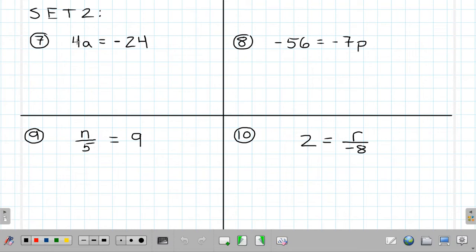So number 7, we have 4a is equal to -24. We do need to remember that if we write something like this as 4a, that means 4 times a, so this is multiplication. So in this case, we need to do the opposite. So if we're multiplying a times 4, the opposite of that is dividing by 4.